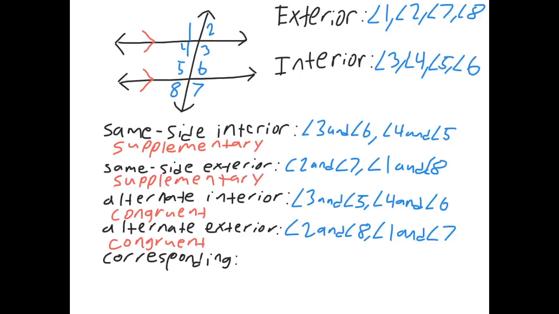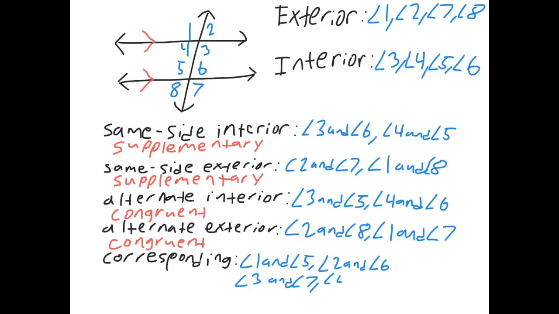So again, as I said, angle 1 to angle 5, those are pairs. Angle 1 and angle 5. Also angle 2 and angle 6. Angle 3 and angle 7.